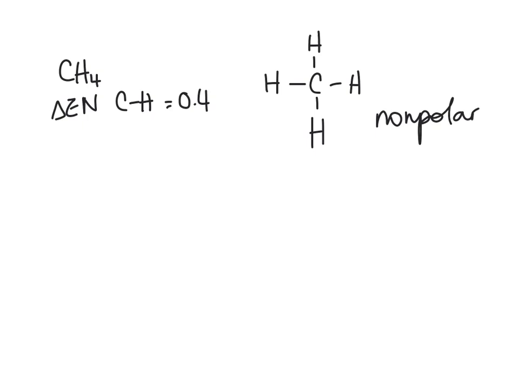It's non-polar because the bonds are non-polar. And that's how you figure out if your molecule is polar or not. You look and see if there's any dipoles, any polar covalent bonds, and then if your dipoles cancel, you're non-polar. If your dipoles don't cancel, you're polar.